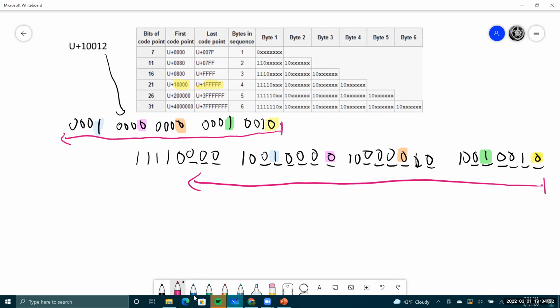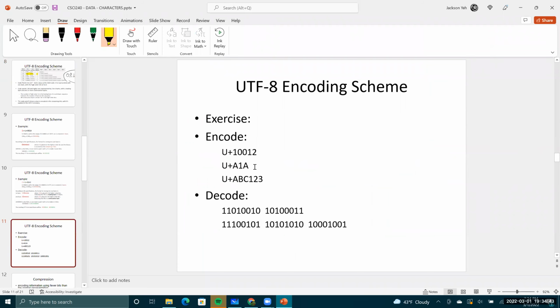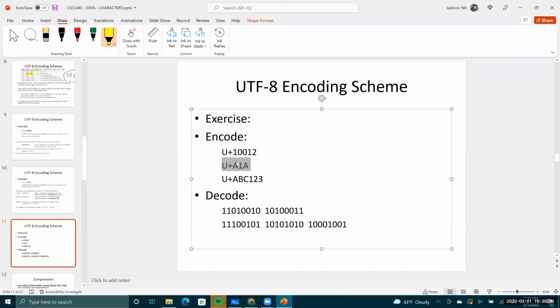All right, did everyone get this? Okay, it's a little quiet. All right, so let's have you work on one more exercise, a slightly different one. Let's do U+A1A.